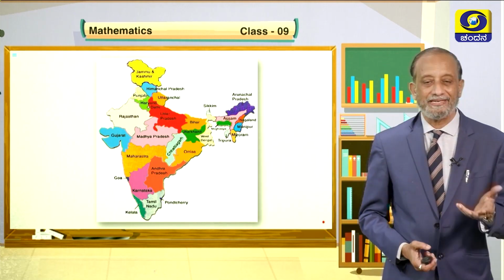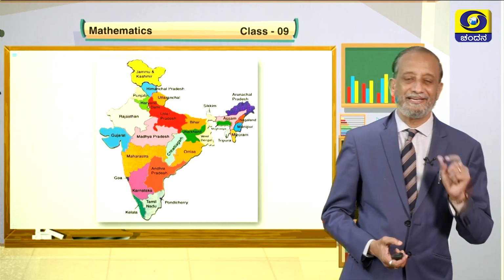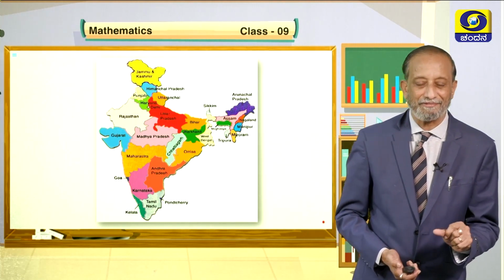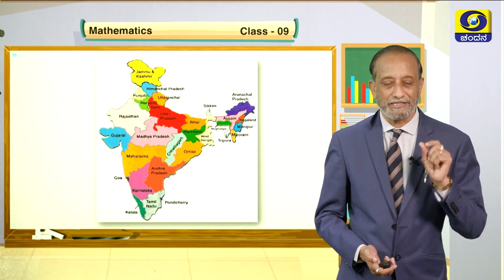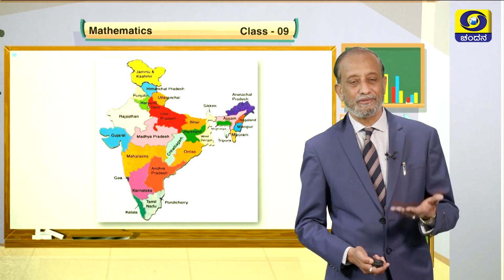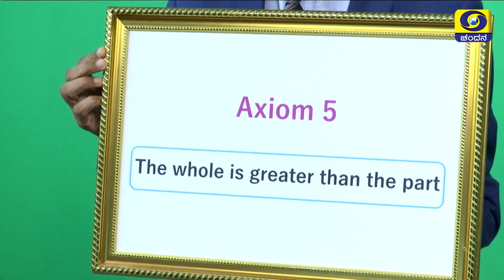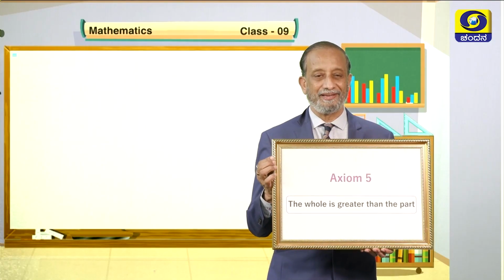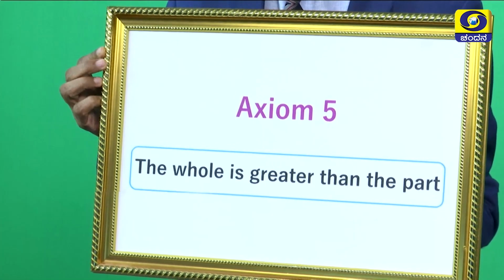If anybody asks whether Karnataka is bigger or India is bigger, definitely Karnataka, being a state of India, has to be smaller when compared to India. Axiom number 5 states the whole is always greater than its part.